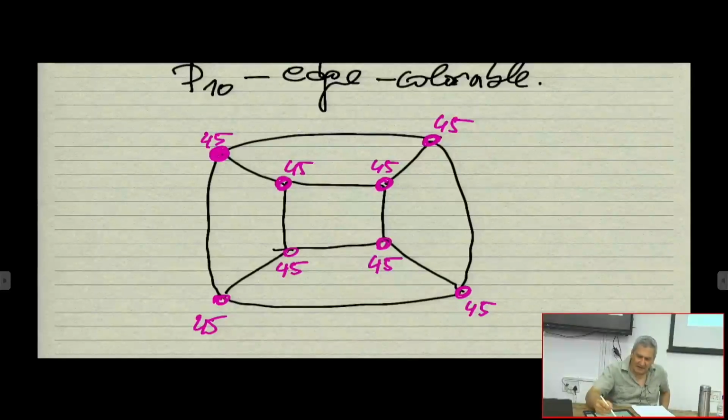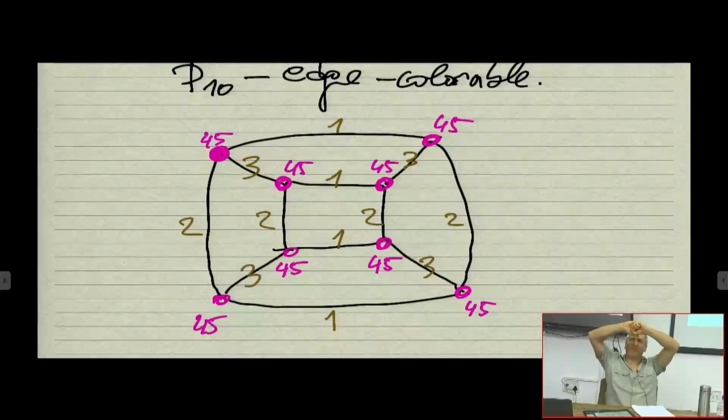And then I will have here 1, 1, 1, 1, then 2, 2, 2, 2, then 3, 3, 3, 3.